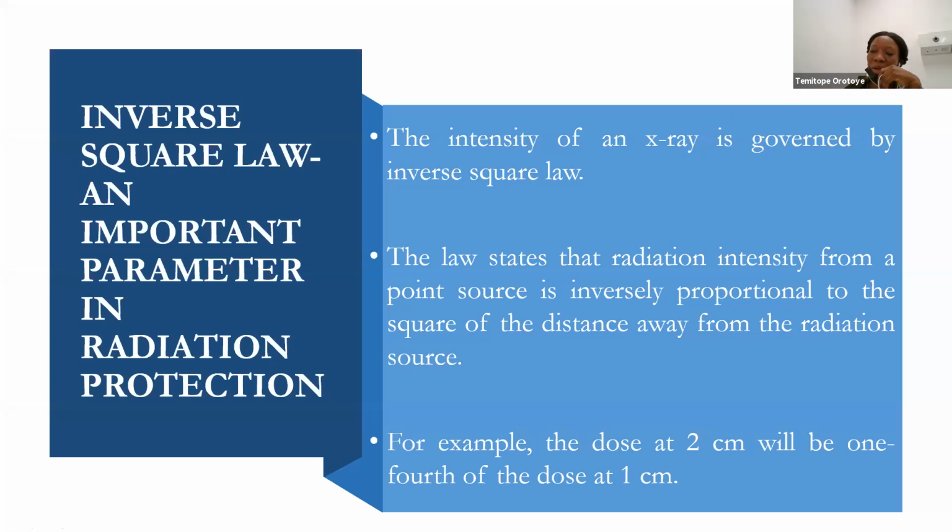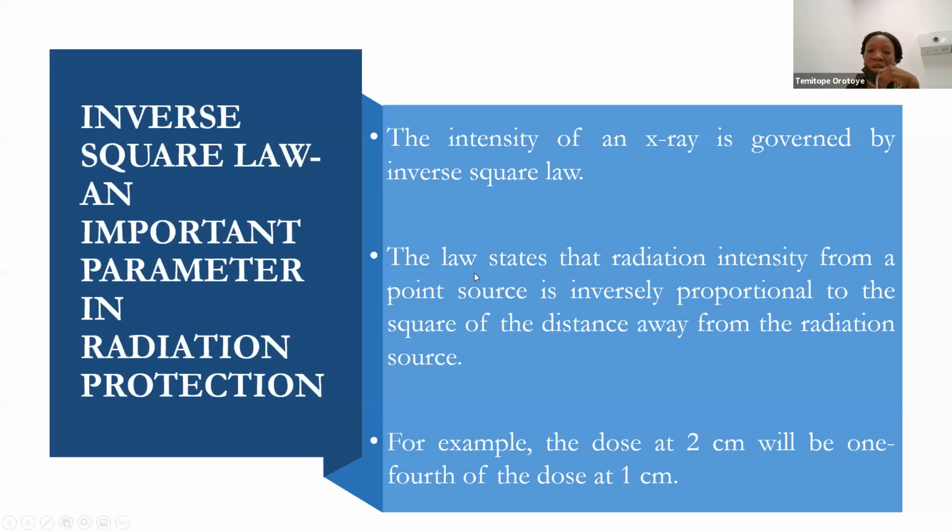As you move away from an isotropic point source, it is expected that the intensity of the radiation dose that the person or tissue is exposed to will reduce. Radiation is given in quanta, and intensity has to do with the amount, the number. So the number of quanta in a particular area is what is known as the intensity of an X-radiation or of a radiation.